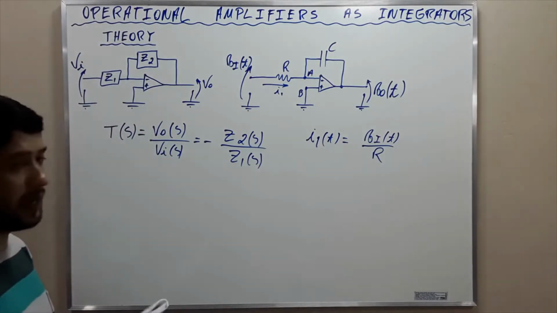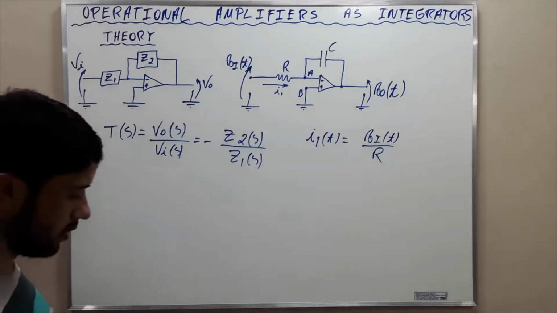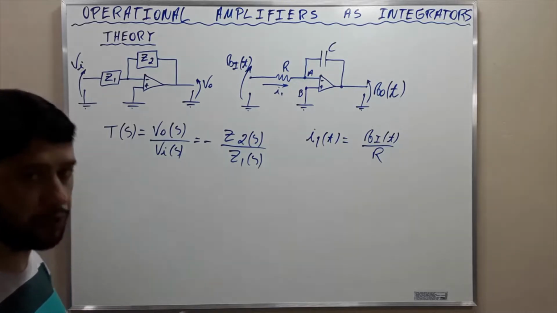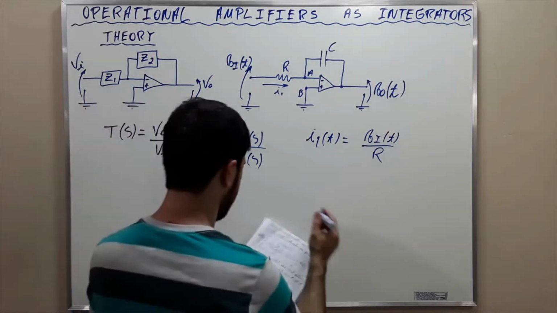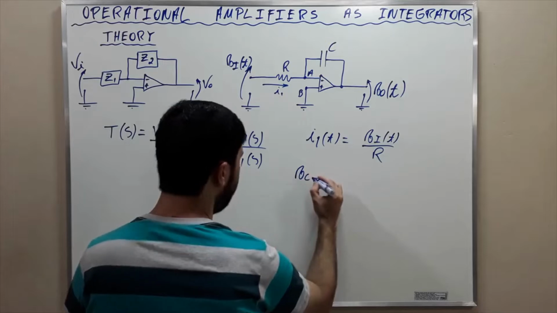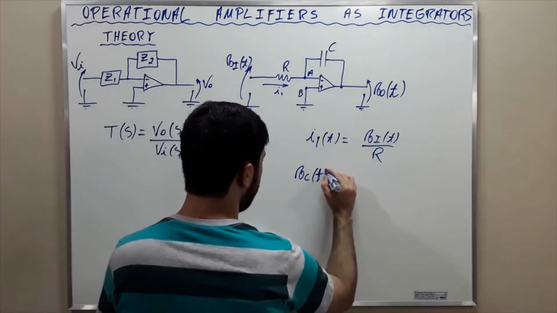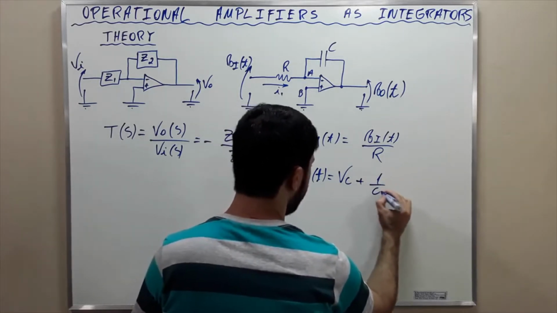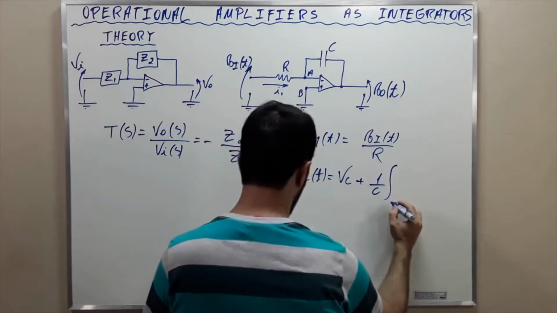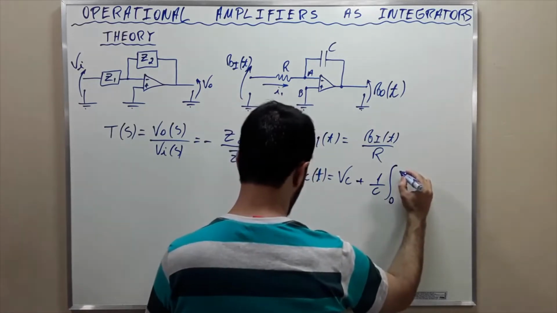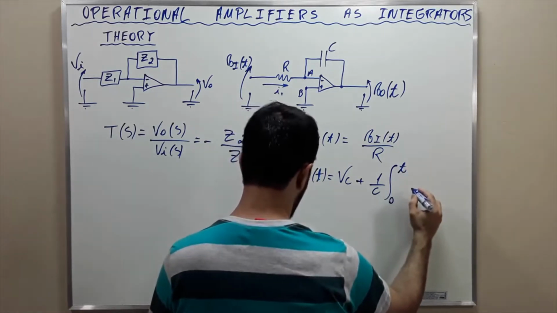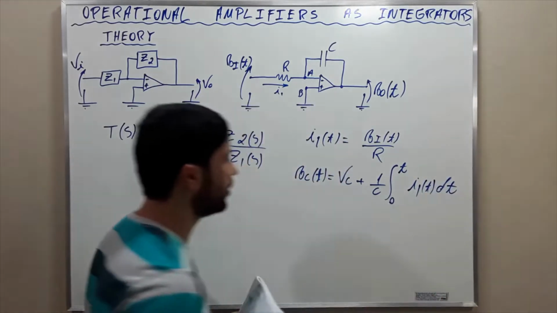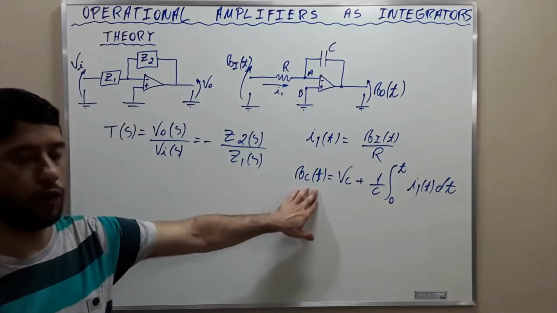Alright? Now we are going to calculate the capacitor voltage. The capacitor voltage can be written as Vc of t equal to Vc plus 1 over C times the integral from 0 to t of I1 of t dt. Okay? This is the capacitor voltage.